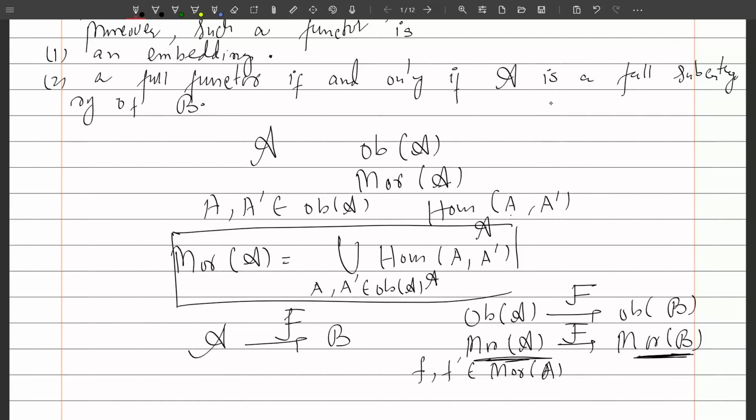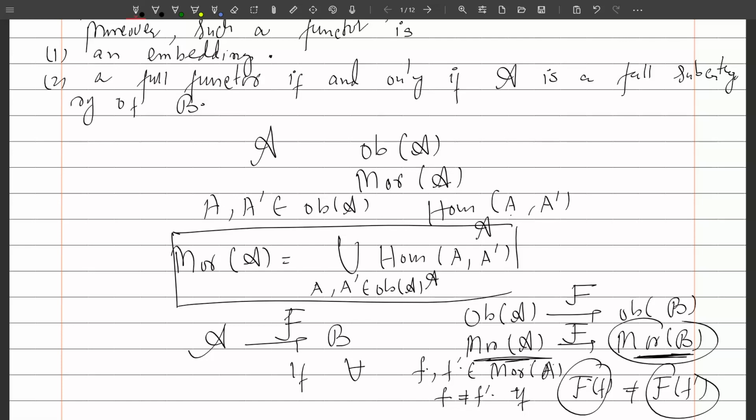So if F and F prime are not equal, then F of F, which is a morphism of... so if for all morphisms F and F prime in A, where F and F prime are not equal, F of F is not equal to F of F prime, then we say this F is an embedding, where F of F and F of F prime are morphisms in the category B. I mean, if this functor F is injective on this class, we say F is an embedding.